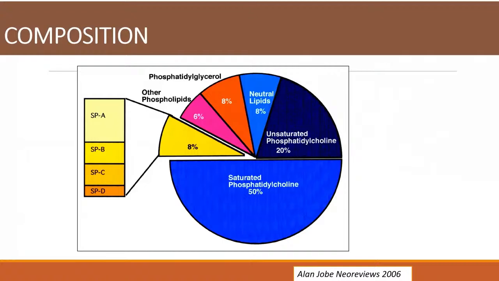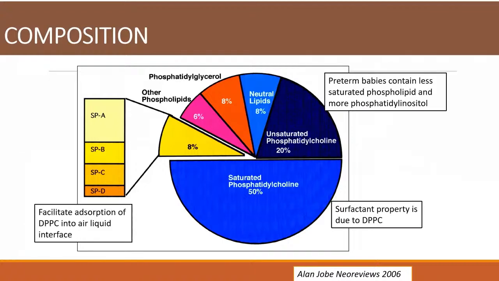But at least 8% of the surfactant moiety is composed of surfactant proteins, surfactant protein A, B, C, and D. Particularly surfactant proteins B and C are very important for achieving surfactant effect because they facilitate the absorption of dipalmitoyl phosphatidylcholine into the air-liquid interface, which results in uniform distribution of surfactant across the lung.